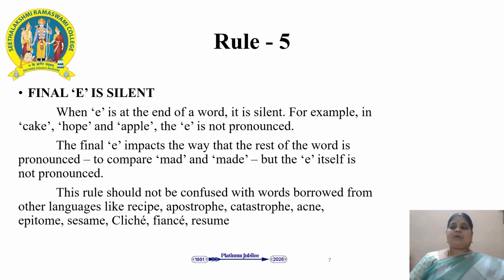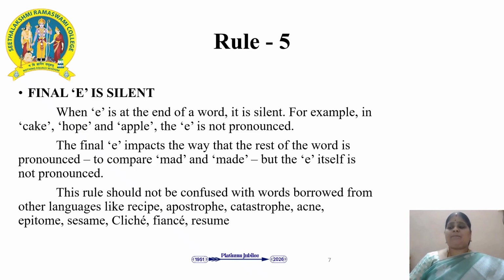Example, let us compare the words M-A-D, mad, and M-A-D-E, made. M-A-D is pronounced as mad and M-A-D-E is pronounced as made. And this is the impact the final E has on the words.